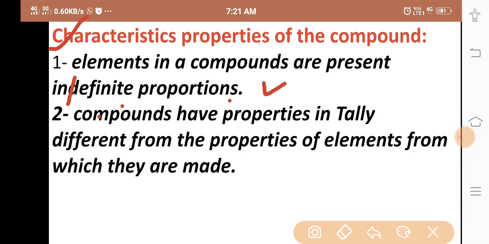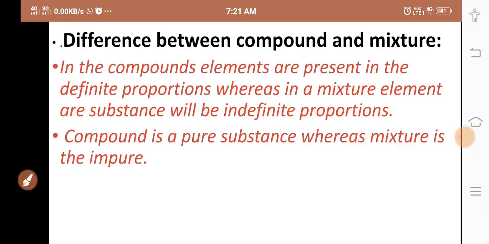Second characteristic: compounds have properties different from the properties of the elements from which they are formed. A compound has different properties from its constituent elements.